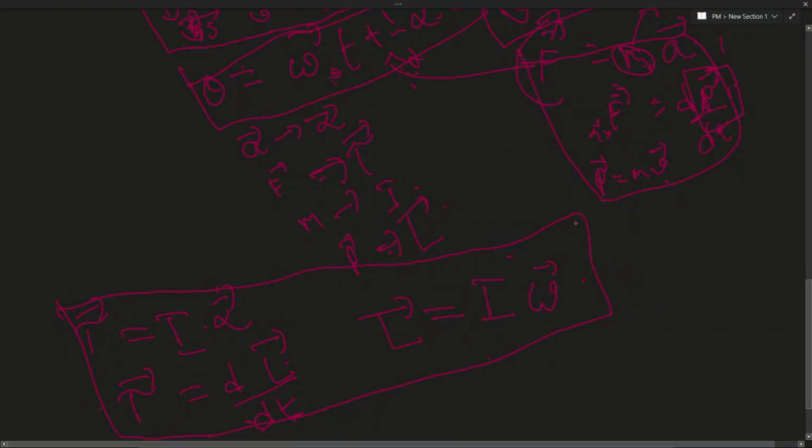So this can help us to visualize rotational motion using what we know from linear motion.